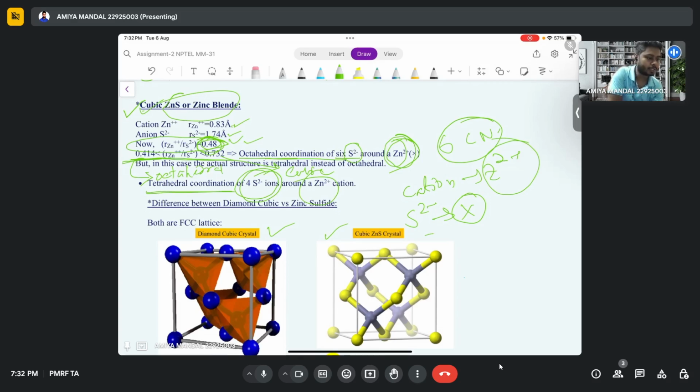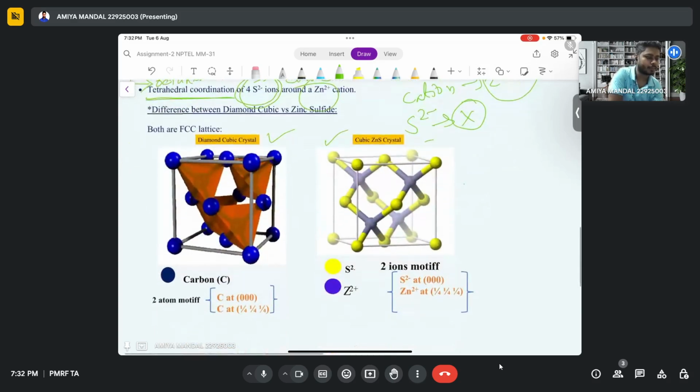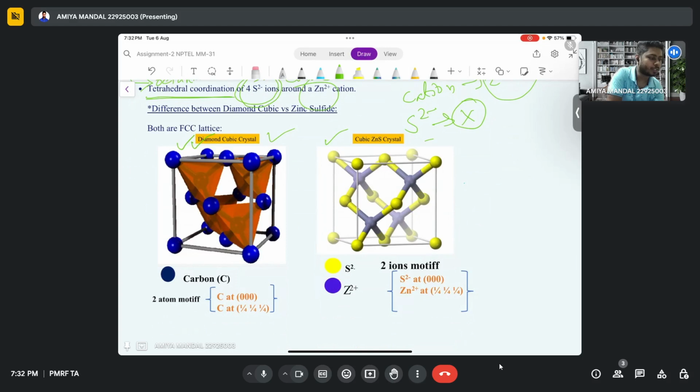Okay. Now you can see an example of a diamond cubic structure and a cubic ZnS structure. How are they different? In the diamond cubic structure, every atom is carbon and every atom is similar.